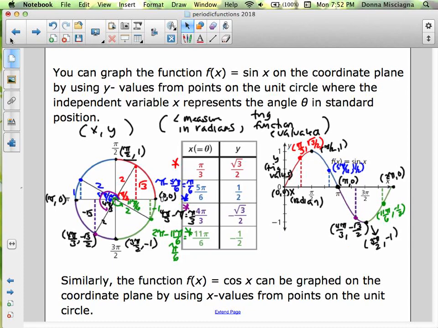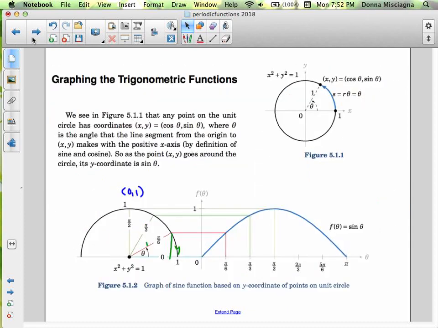I've seen a nice visual of that. Maybe I'll post that, and the visual is animated. So, graphing the trig functions here, we see in figure 5.1.1 over there on the side that any point on the unit circle has coordinates x, y.